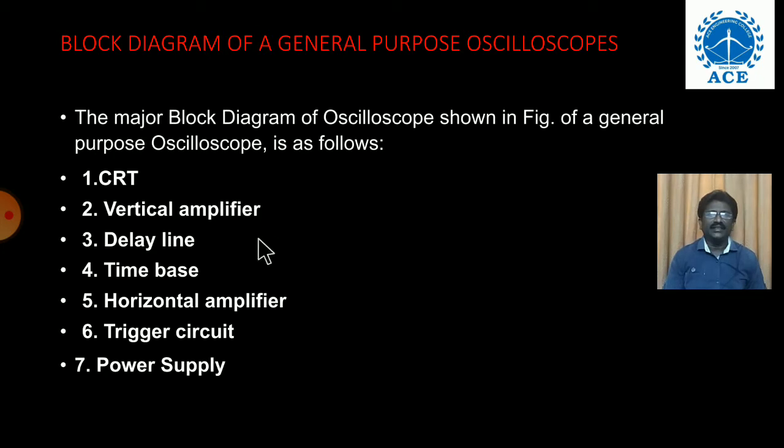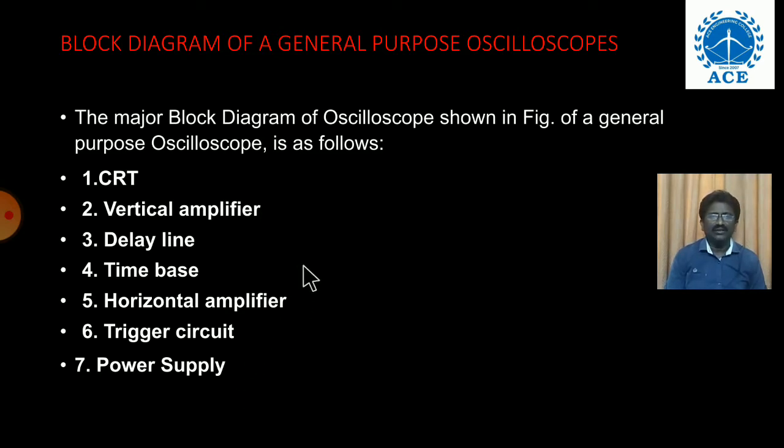Actually there is a gap between the vertical amplifier and the horizontal amplifier, so in that case we need the help of the delay line. To run this CRO, we need the help of the sawtooth waveform. That is the reason you have to take the help of the time base generator, with which you can generate the sawtooth waveform. To run this, we need the help of trigger pulses, which you can generate with the trigger pulse circuit.